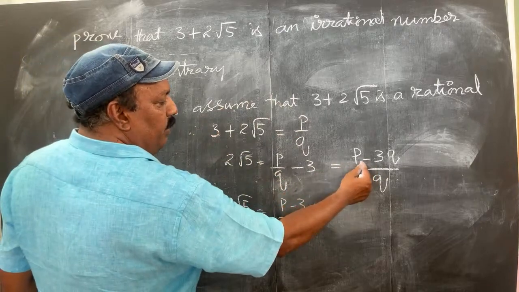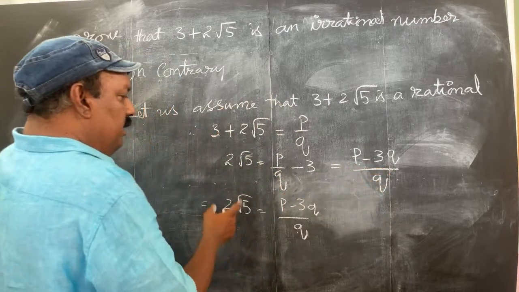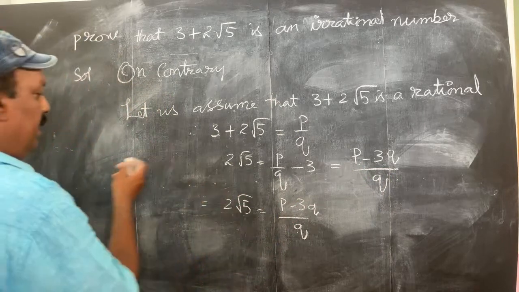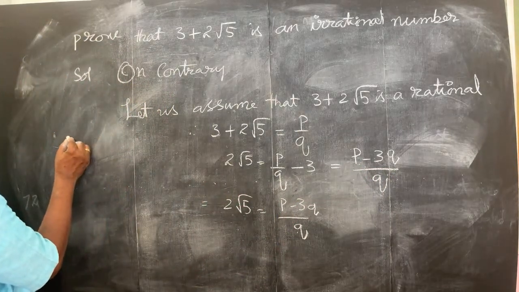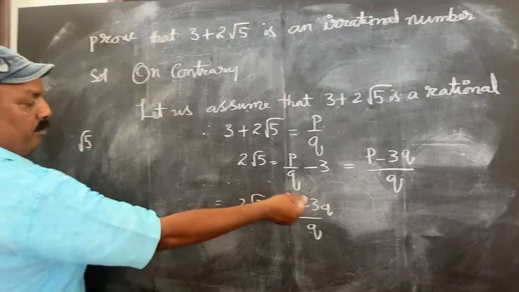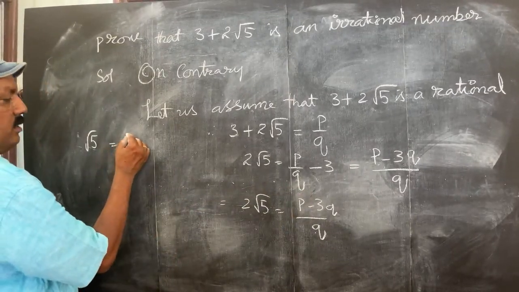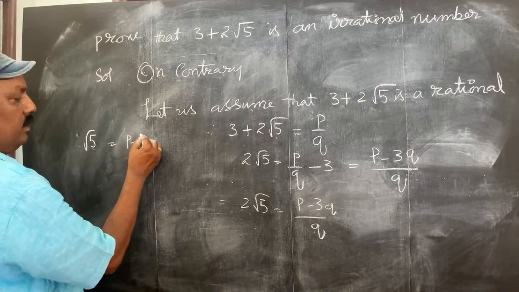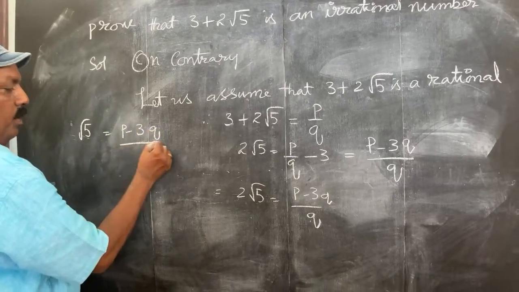After taking the LCM, we got p minus 3q by q. Then I send the 2 to the opposite side: root 5 is equal to p minus 3q by 2q.